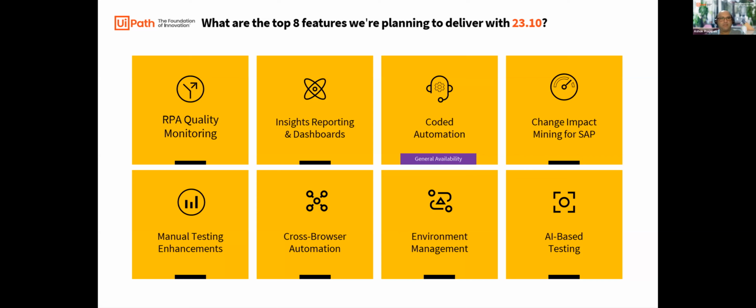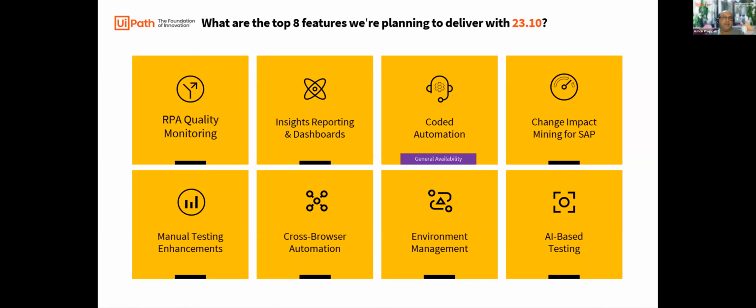You can also see some additional capabilities coming into 23.10. These are the top features planned to be delivered as part of 23.10, so you can see there's a lot of capability and innovation coming into play.